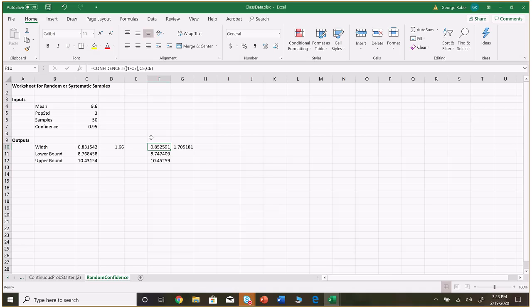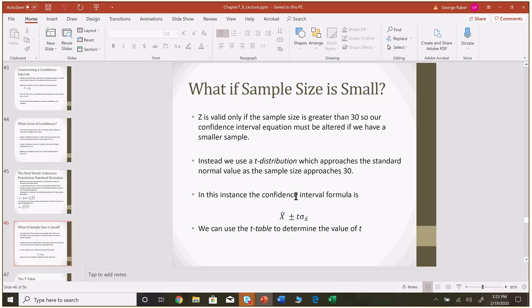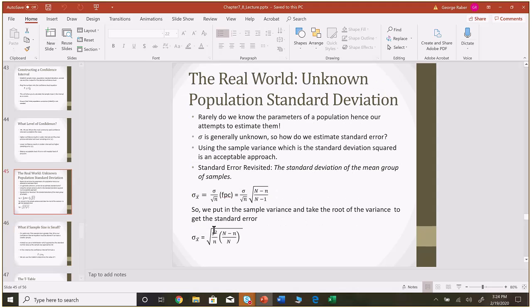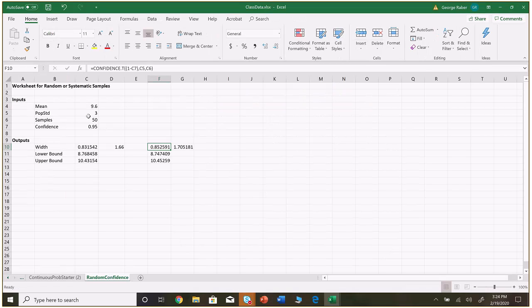That's why this number is a little bit different, because this is using this formula to estimate it, rather than just assuming that we know it, which is what this is doing. This is saying, I know the population standard deviation. This is saying, I don't know the population standard deviation, so use that formula to estimate it, and that's why this is ever so slightly a different value.